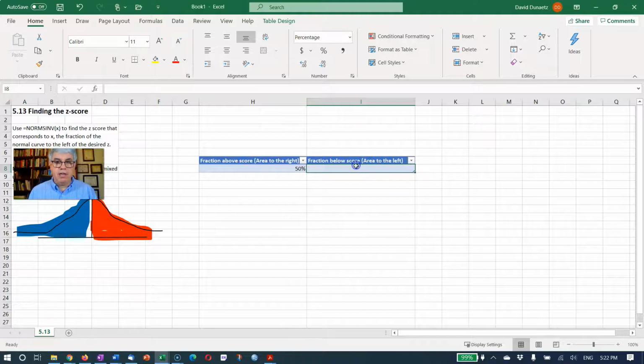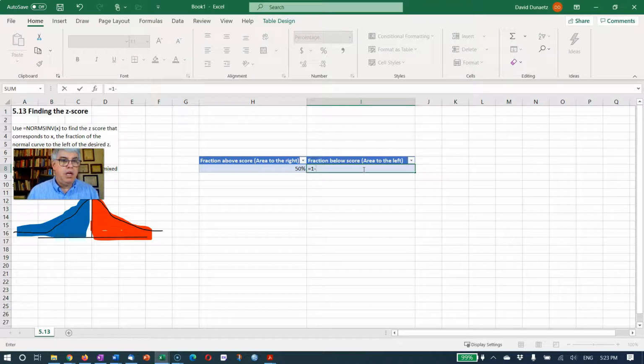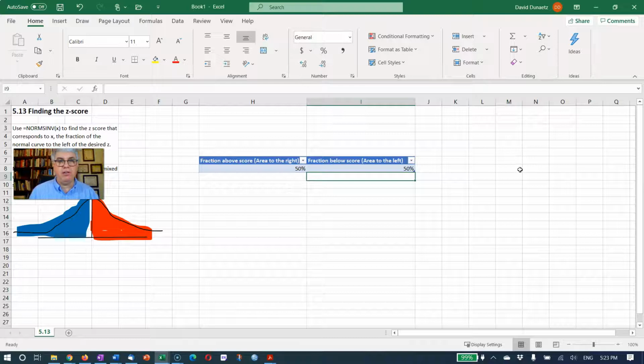Now, to the left and to the right always adds up to 100%. Everything's either on the left or the right. So the fraction below the score is going to be equal to 1 minus whatever's to the right, so that'll be H8. And that should be 50%. It'll always add up to 100%.